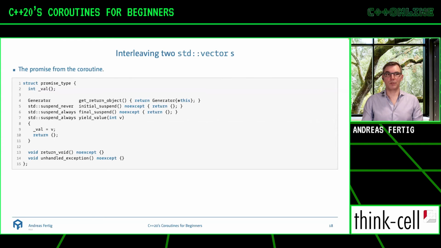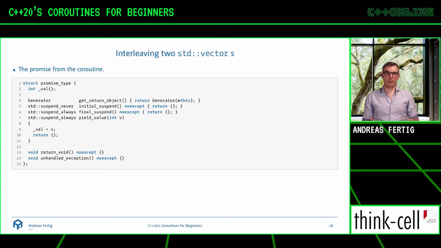So this is a difference to before, because I want to get the value out of the std::vector once I start a coroutine. This is due to the pattern that I first yield the value and then I resume the coroutine. That's interesting for ending that entire thing, and you might find other ways to implement it, but this is the easiest one I found for this example. Final suspend, that's suspend always. Yield value takes over the value and stores it.